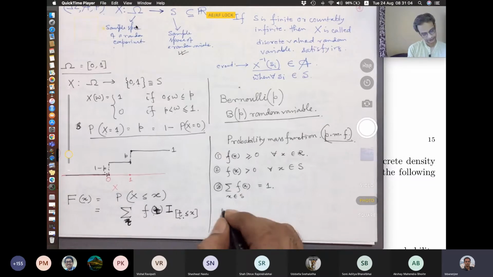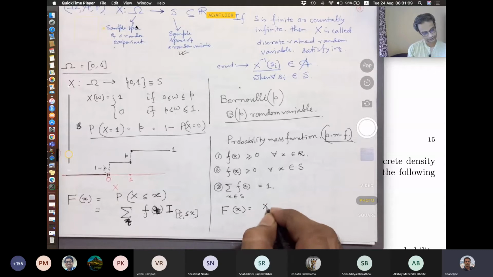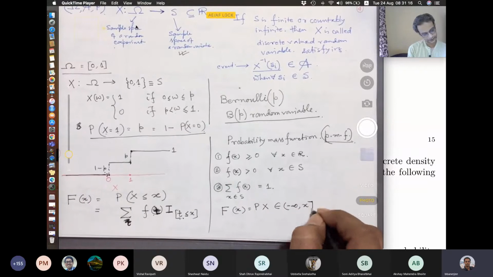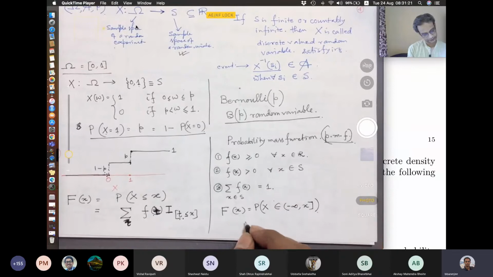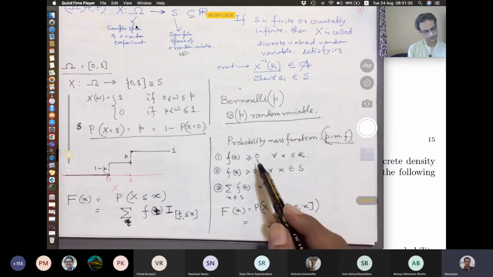So eventually we can write F(x), which is the probability that X belongs to minus infinity to x, that you know from yesterday's definition. That means you are doing the summation, in generic notation, where f(t) can be greater than or equal to 0.